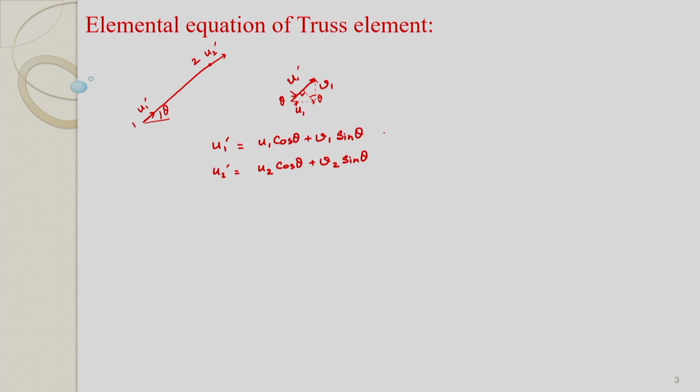Now, we denote this cos theta as L and sin theta as M. So, this L is equal to cos theta, which can be written as x2 minus x1 by LE, that is the length of the element.